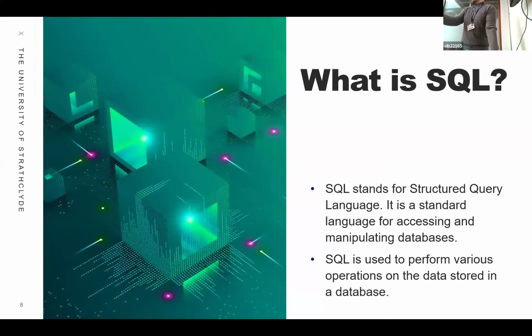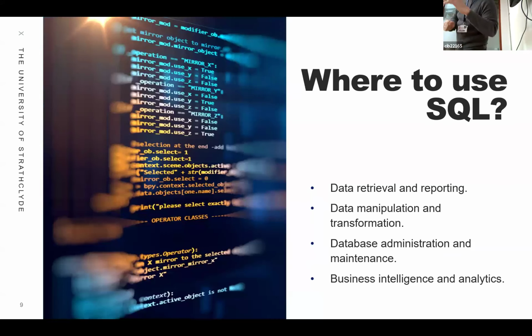SQL is also another language, but while using Python, we can use some SQL code by using the SQLite package, the library. That way we don't need to learn SQL from zero. We can just use the things that we need. So where to use SQL?